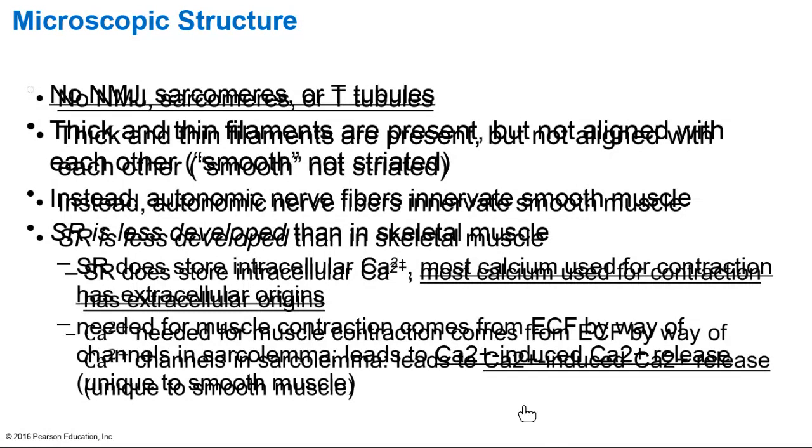So the big difference between smooth and skeletal muscle is this very unique situation of calcium-induced calcium release. Calcium coming into the smooth muscle cell causes more calcium to be released out of the SR. That's what's meant by calcium-induced calcium release.